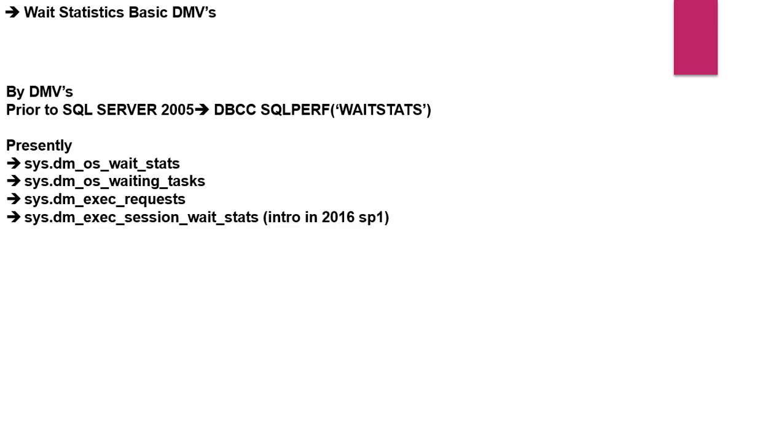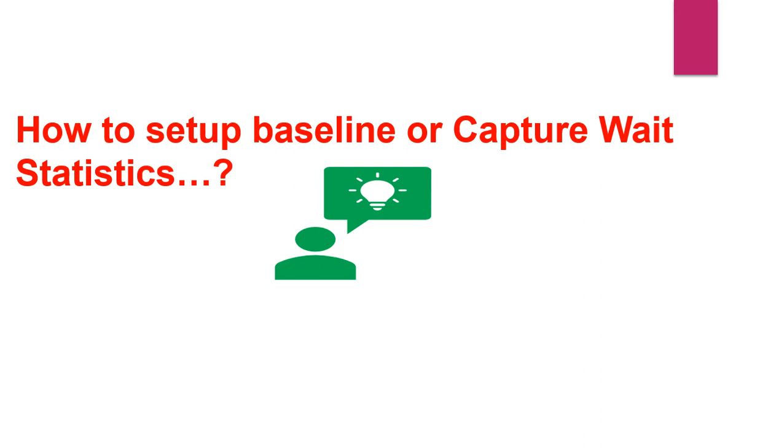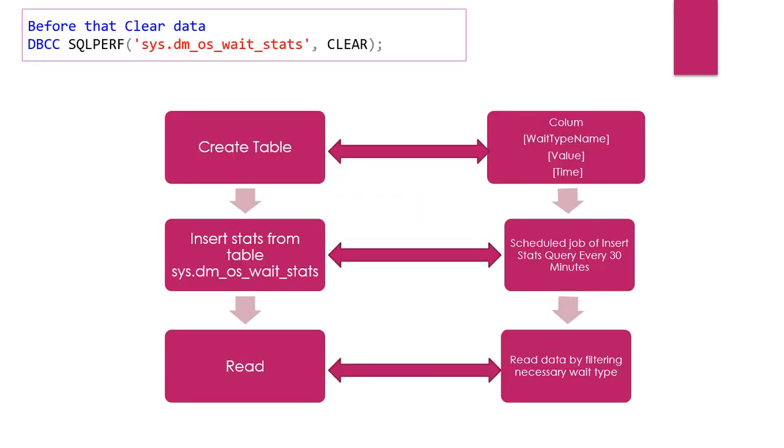Again, some basic DM views. After that, how to set up a baseline or capture wait statistics: create a table, insert that query into that table. After that, we need to create a SQL Agent job for that insert query, to run every 30 minutes and insert data into that table from sys.dm_os_wait_stats.